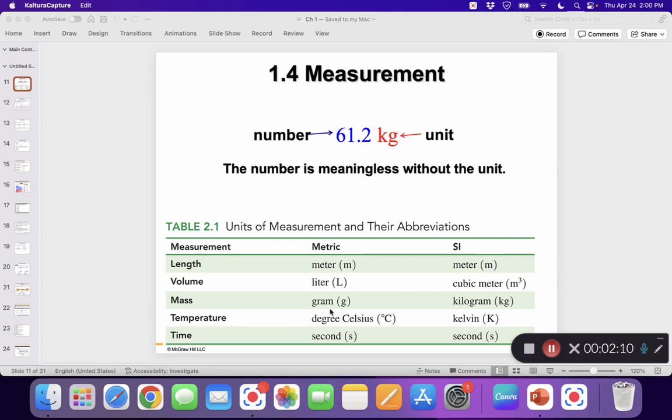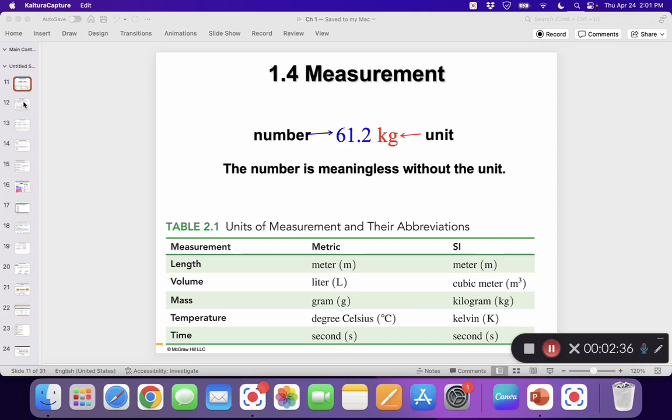Mass we can measure in grams, and the SI unit is kilogram. In the US, we measure mass in pounds. Temperature can be measured in degrees C, and in Kelvin in the SI system. We measure time in seconds, which are the units of the metric system. We can also measure time in hours and days.